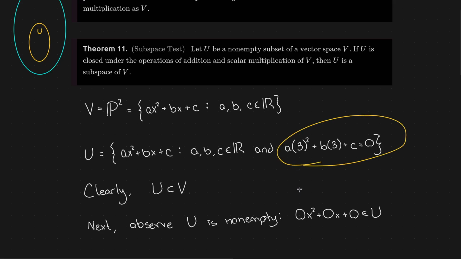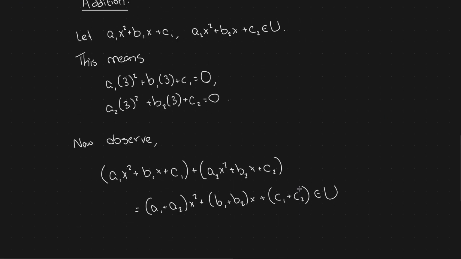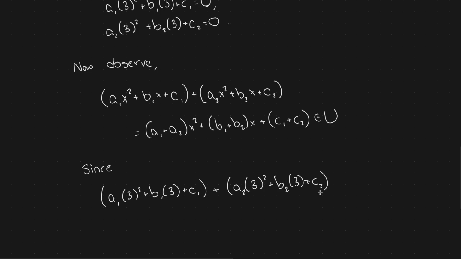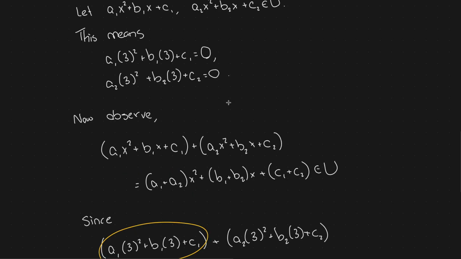That's the big condition of being in set U. So let's plug in 3. a1 times 3 squared plus b1 times 3 plus c1 plus a2 times 3 squared plus b2 times 3 plus c2. Well, because the first polynomial was in U, if I plug in 3, I get 0. So this is going to be 0, right, once I plug in the 3.